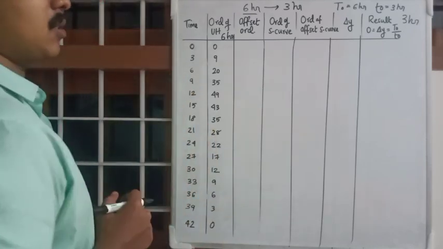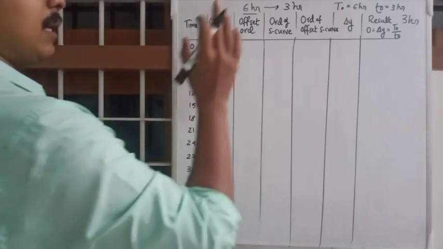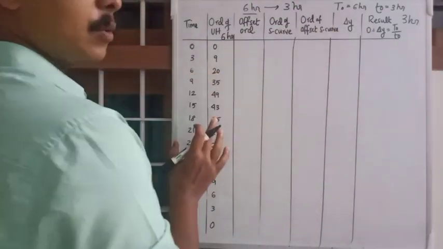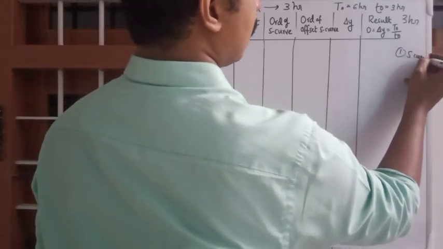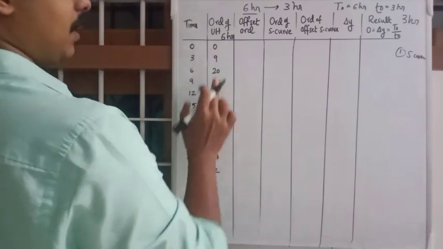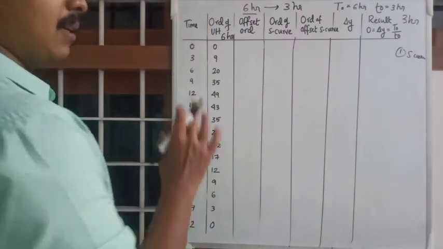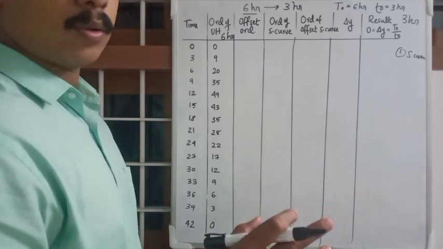The first step of constructing another unit hydrograph from an existing unit hydrograph is construction of the S-curve. You have to construct an S-curve from this unit hydrograph, and that method we have already gone through.